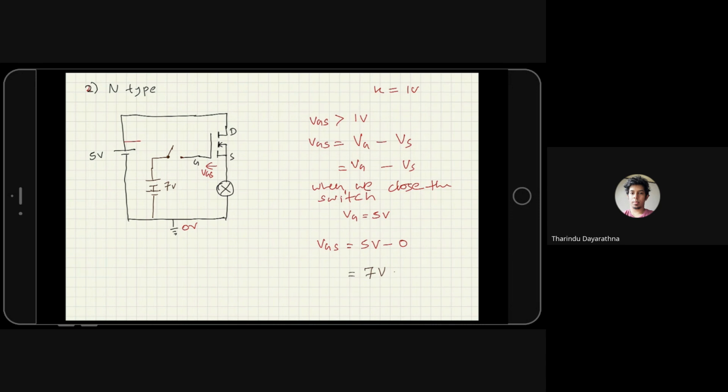After turning on, VS will be 5 volt, so there will be 2 volt VGS. The thing is, in this case, you want to turn on this bulb, but you need another power source with higher voltage. It is kind of annoying to have this kind of system.